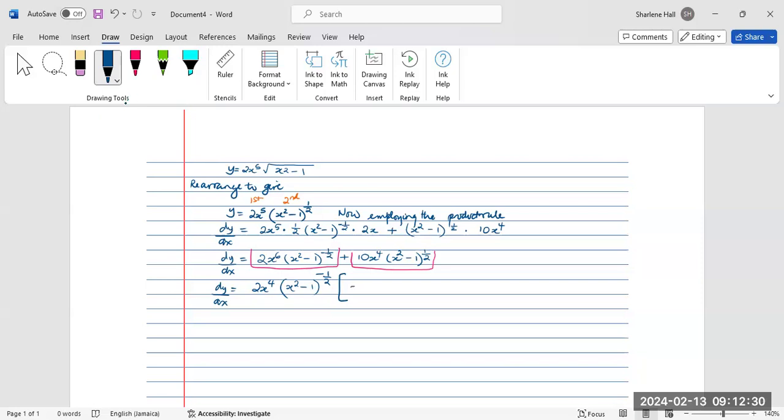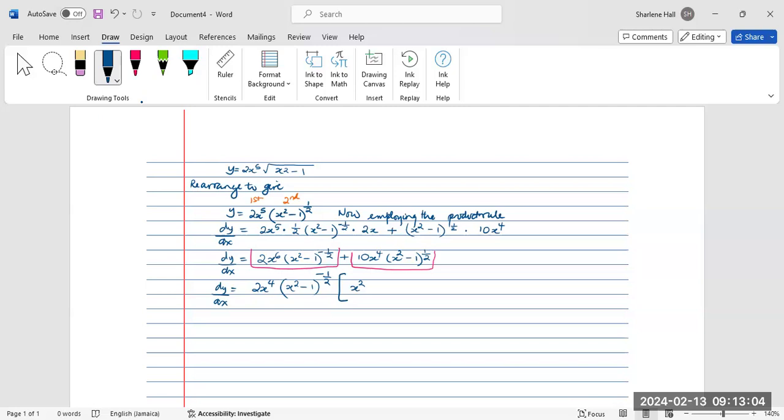So we have x squared left. What else do I have left? The x squared minus 1. But remember now, this is x squared minus 1 to the negative a half, and I already have a negative a half here. So is there anything else that I can factor out from here?